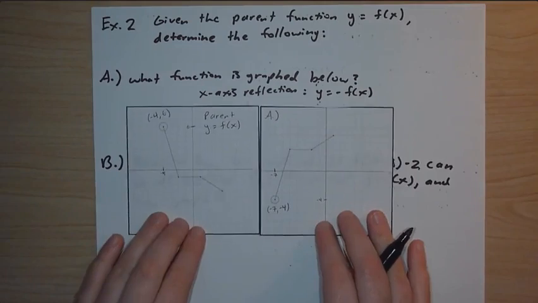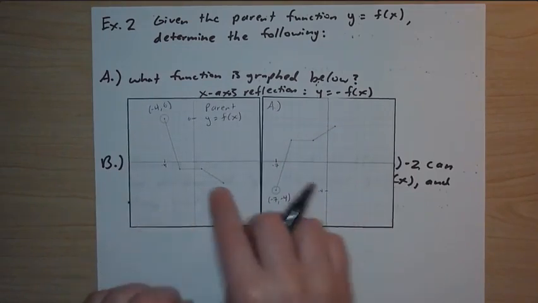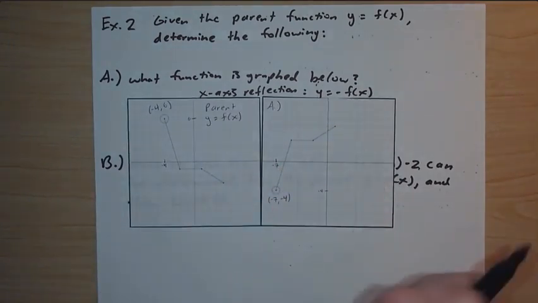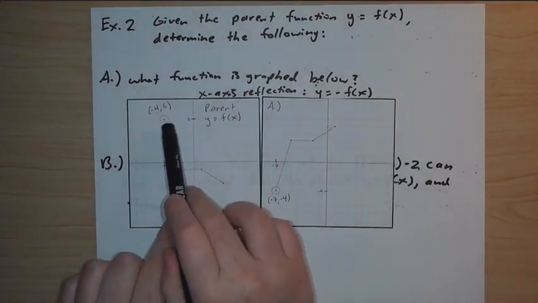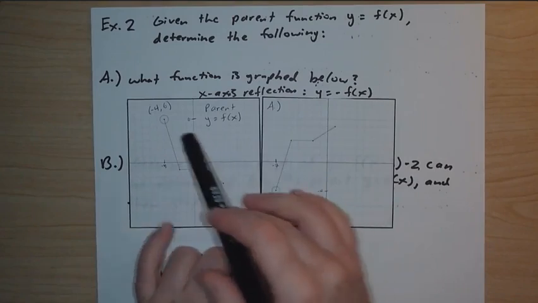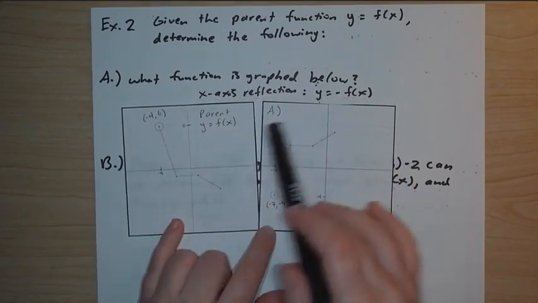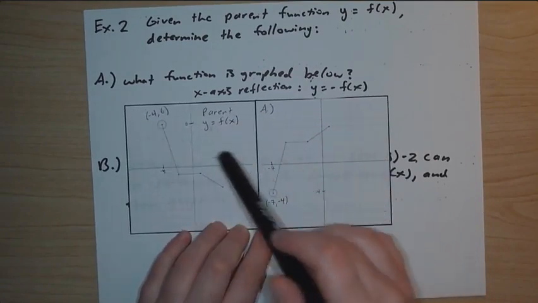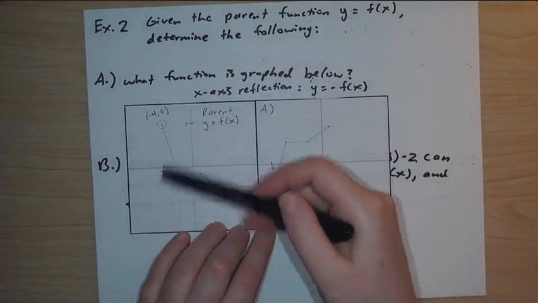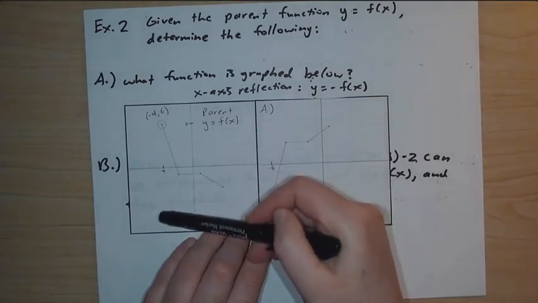So next we're going to have to look at if it's had any shifts after the reflection, and it turns out that yes. If we look at this point, negative 4, 6, if it just had a negative in front of it, then this point would be negative 4, negative 6 if we just flipped it directly down.